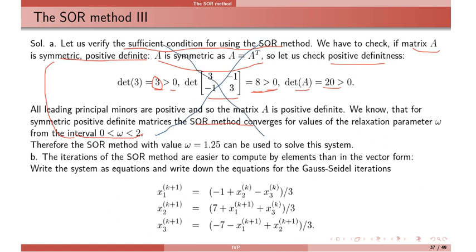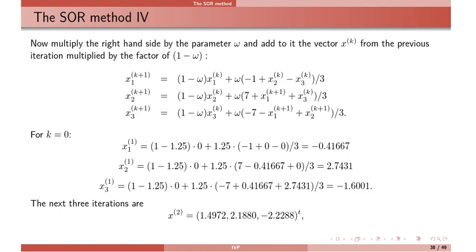So we just need to apply the method with omega equal to 1.25. Firstly write the Gauss-Seidel iteration in the same fashion. Solve first for x1, second for x2, third for x3. Put a label on the right hand side, just write Gauss-Seidel. Then in SOR, multiply omega on the right hand side, then add these factors: 1 minus omega x1 in first, 1 minus omega x2 in second, 1 minus omega x3 in third.